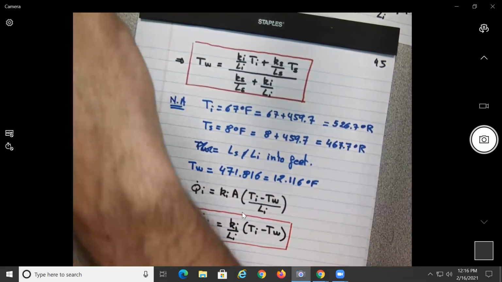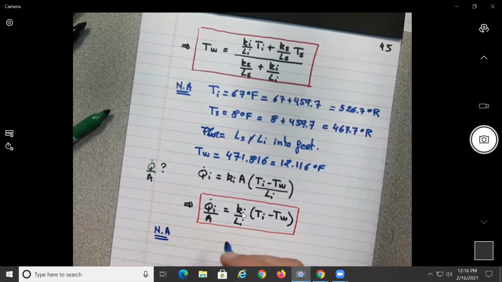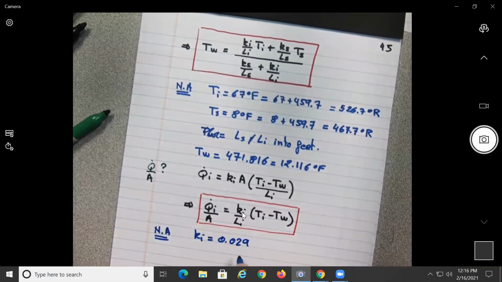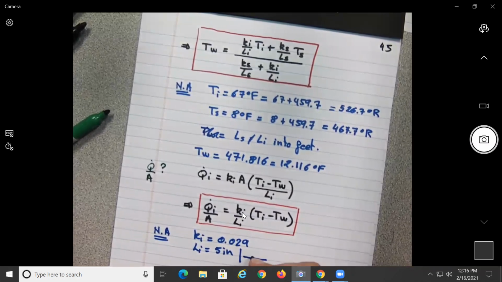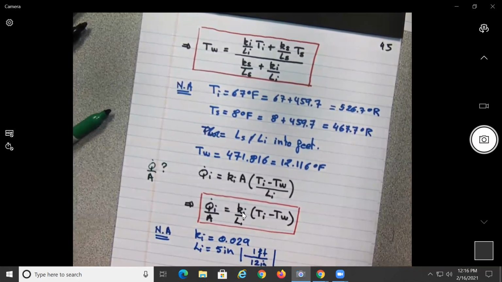So in this case, if you do a numerical application, make sure you know K sub I. How much was K sub I? 0.029. That's fine. You need to change the 5 inches into feet. So 12 inches equal 1 foot, so you do the unit transformation.